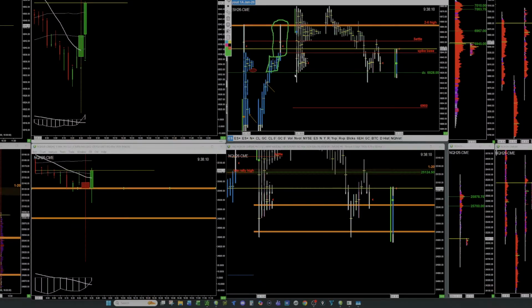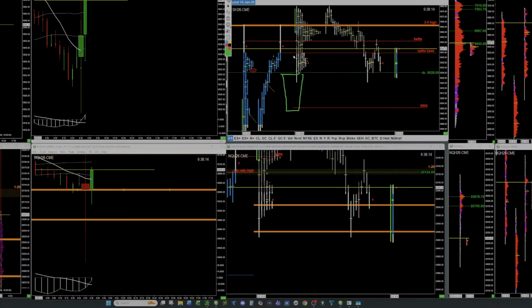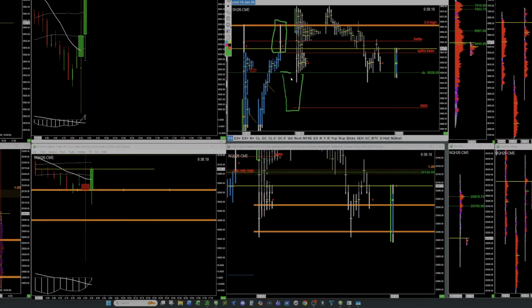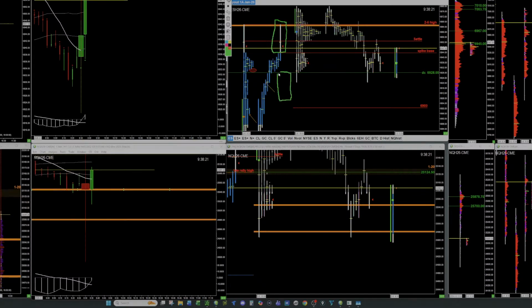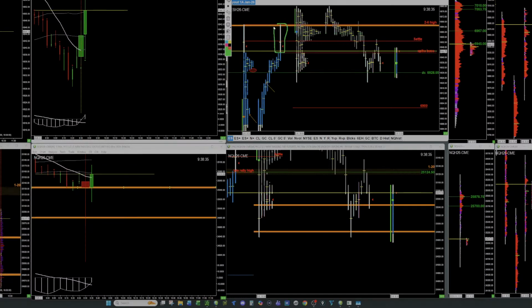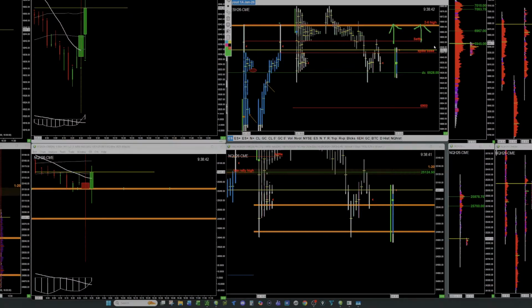Look at what happened on the upper side. Look at a bigger one here, big upside extension here. The same thing can happen here. I'm just going to draw the same size rectangle here, which brings us to the 6900 basically. Now, if that can happen, then this market can actually try to get back to this high here.